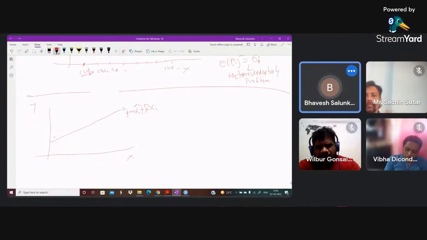You have something like this. Now assume that these are your data points. This is X, that is the level of income, and this is Y, which is consumption expenditure.